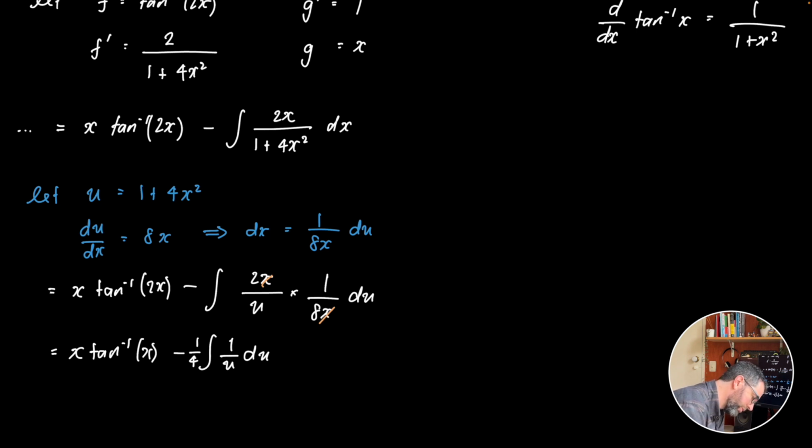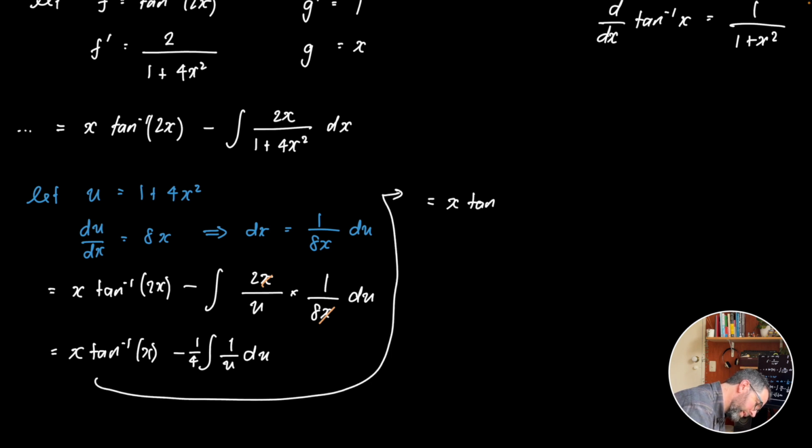Okay, let's just move across so we can keep it all on the same screen. That's going to equal x tan inverse of 2x minus 1 quarter log absolute value of u plus c.